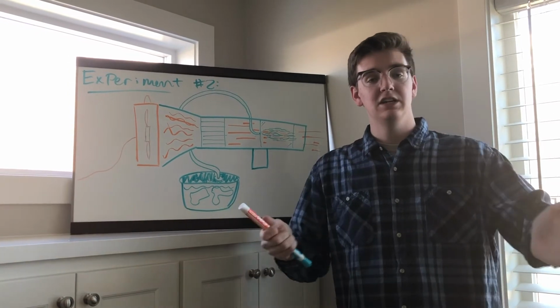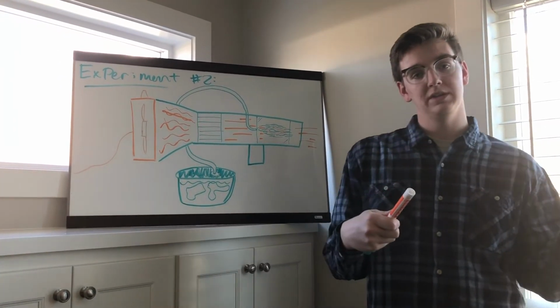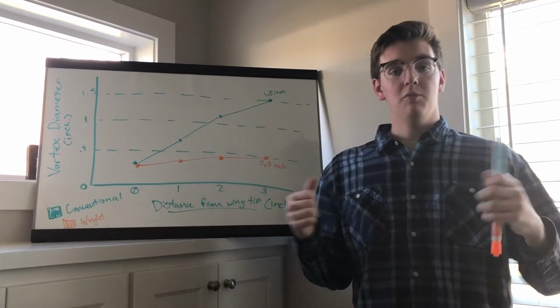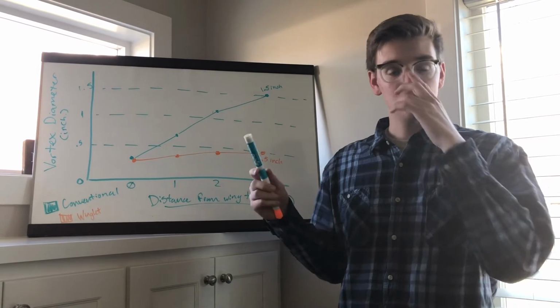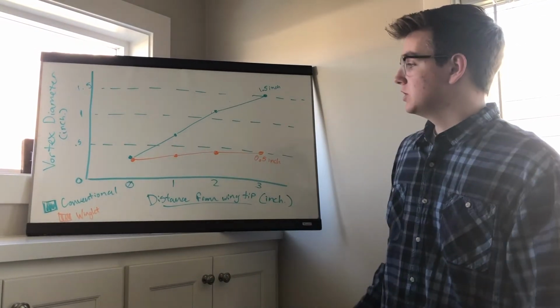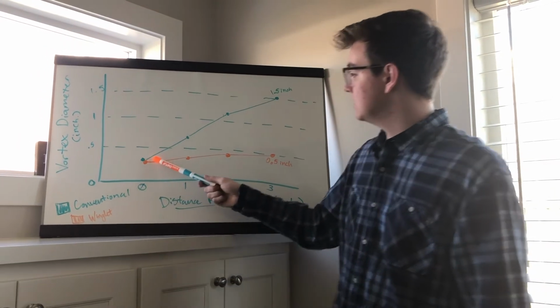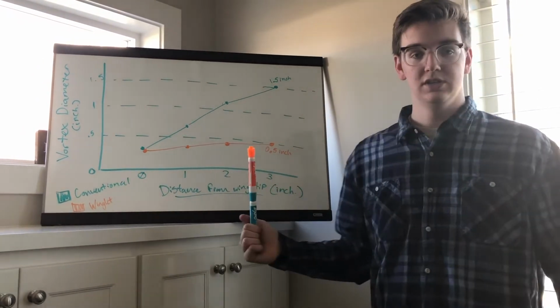Then I could get a better idea of maybe why the conventional wingtip wasn't working as well as the winglet wingtip. Behind the object that I had in this wind tunnel, I had a grid that could measure how big the vortices off the end of the wingtip got over time. For the conventional wingtip, you can see that over time I went between 0, 1, 2, and 3 inches is where I measured.